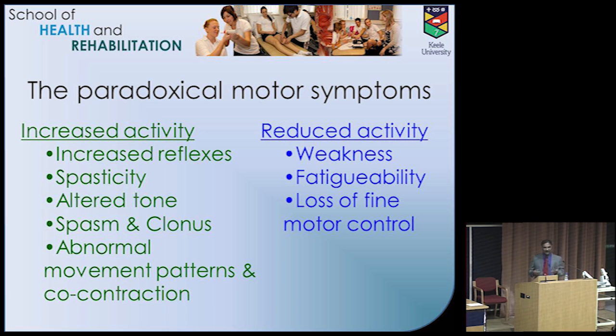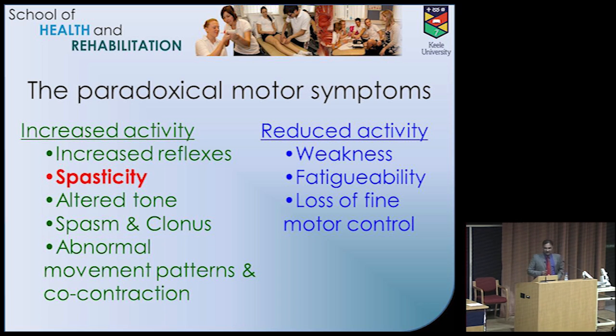That results in weakness, the inability to perform activities, fatigue at a quicker rate, and the ability to inhibit muscles is lost. And that loss of inhibition will lead to unwanted muscle activity that is not under voluntary control. So you would have reflexes that are twitching all over the place. And of these unwanted muscle activities, which result from the loss of inhibition, one is spasticity.